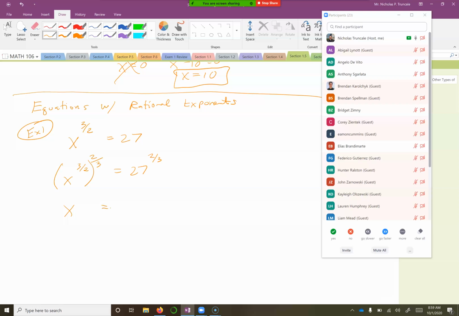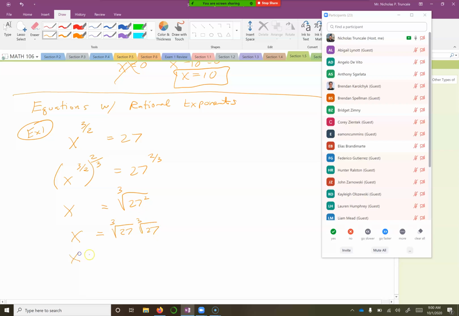But now I have to deal with the 27, which is now a third root of 27 squared. So here's the easiest way to solve this. Since you can break up roots, that's the same as the cube root of 27, squared.